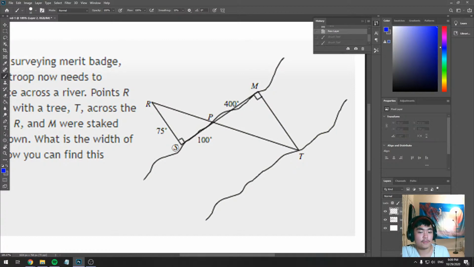So clearly, if I multiply 100 by 4, I get 400. So if I want to get this to become this, I multiply by 4. Then to get this, all I have to do is multiply this by 4.